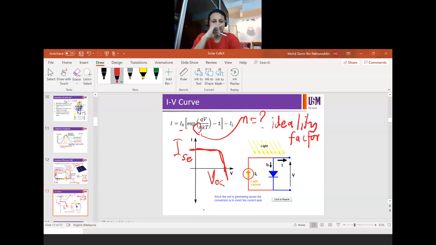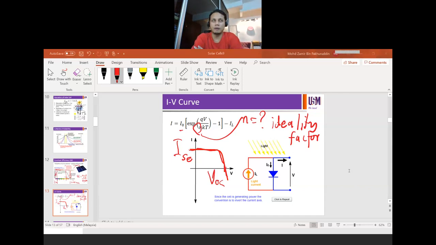Anyone? Fazira, berapa Fazira? Ideality factor of an ideal diode? Yes, n is equal to 1, right? For ideal diode, n is equal to 1.